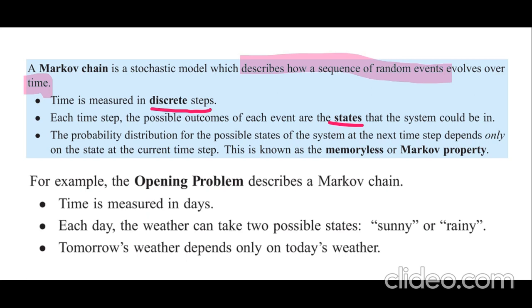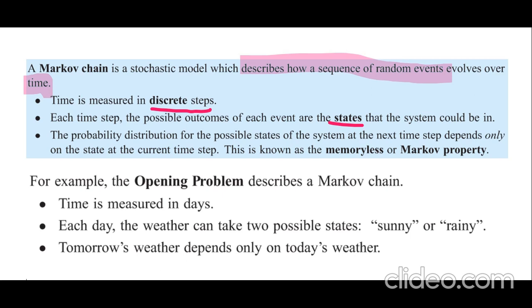The third point is something that I'll be discussing later in the video because I don't want you to get confused with it right now. So let's look at an opening problem which will describe this Markov chain and help you understand this whole concept. I'll be explaining the whole concept using examples.